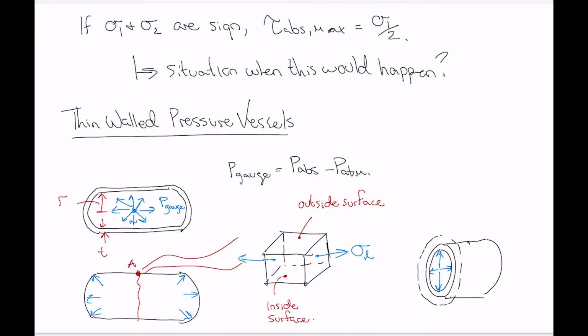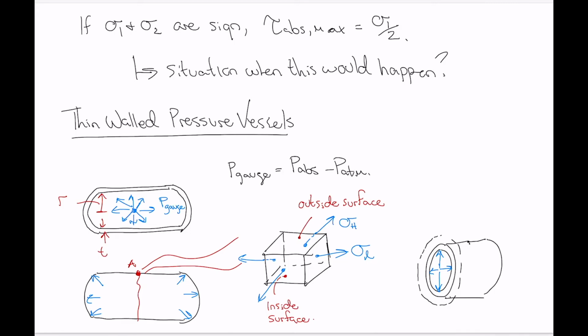So we've got a stretch happening in the other way. So there's also a tensile stress in this direction, and that is called the hoop stress, sigma subscript H.